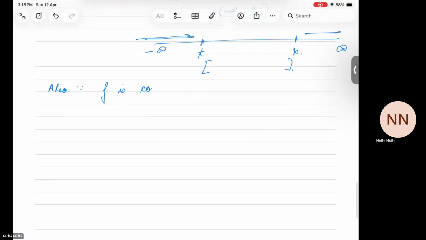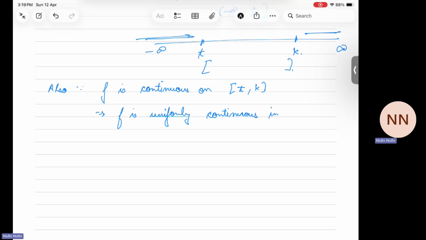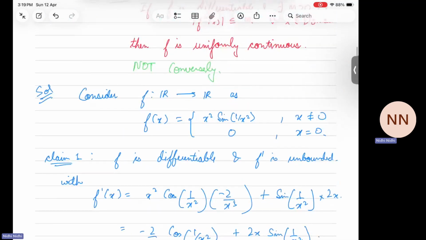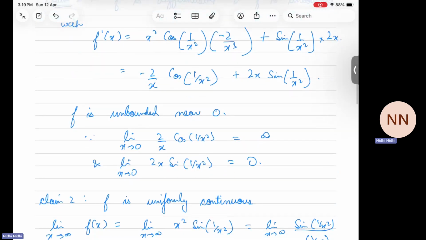Since f is continuous on closed interval t to k, and we know that a continuous function on a closed and bounded domain is always uniformly continuous, f is uniformly continuous in t to k, and hence f is uniformly continuous on whole R. Therefore, this function f is uniformly continuous, differentiable, but the derivative is not bounded.